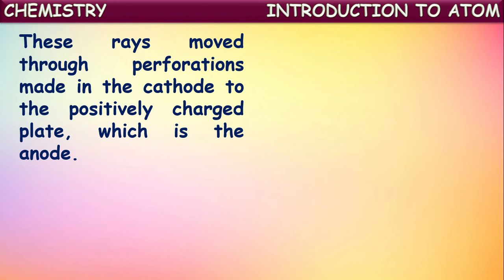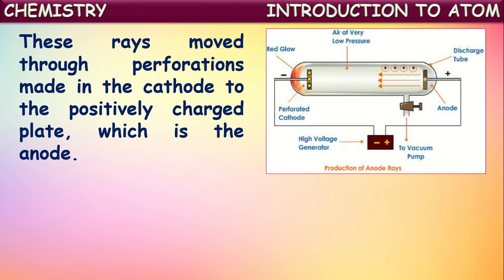These rays moved through perforations made in the cathode to the positively charged plate, the anode. Means from the anode side these particles move towards the cathode, passing through the perforations made in the cathode, and they make scintillations at the back side of the cathode, on the screen. Some red glow was observed.